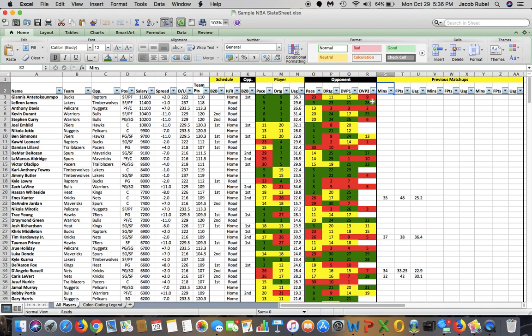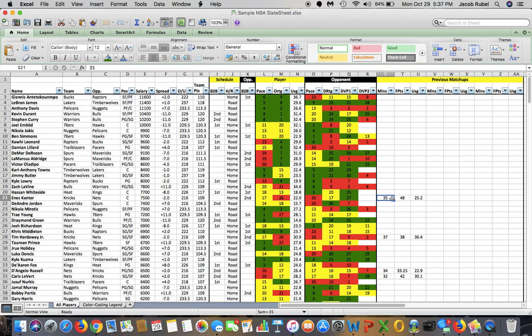So every team plays every other team in the NBA at least twice and up to 4 times. So that's why there are 3 different iterations of minutes, fantasy points, and usage. So this will be the first game against an opponent, second game against an opponent, and potentially third prior game against an opponent before their potential 4th matchup.